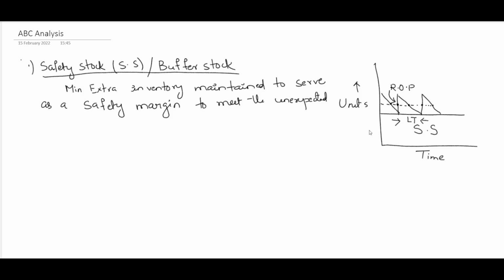It is the point at which the inventory needs to be replenished so as to continue the business, continue the process. You can see all the dots, these are the reorder points, and the safety stock is maintained to meet the unexpected rise in demand.